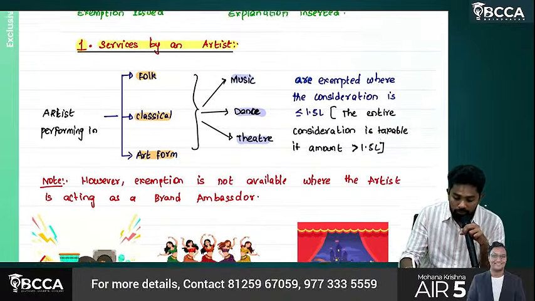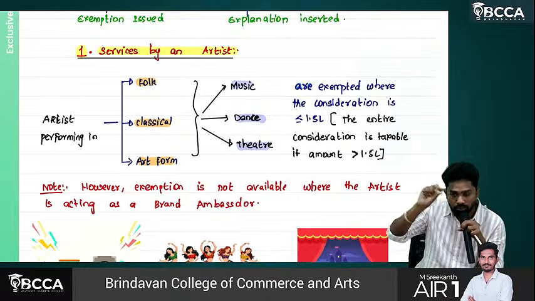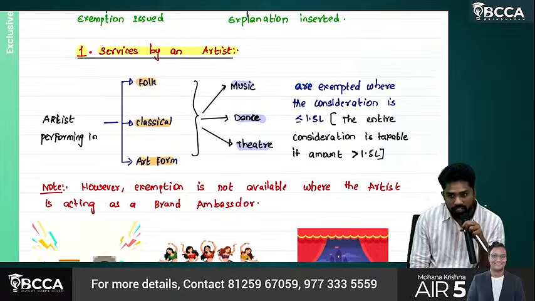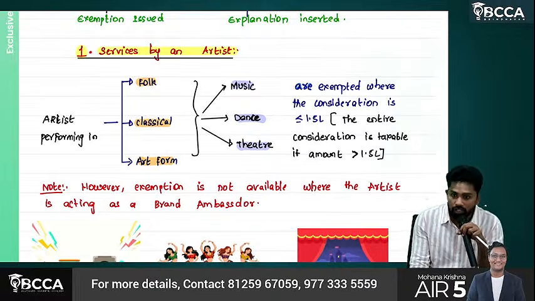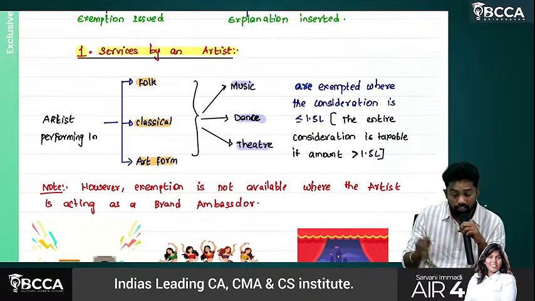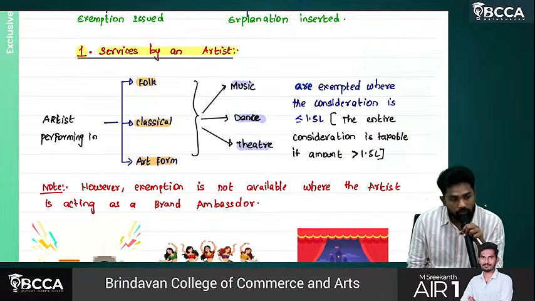In the question, how will they give, sir? They'll give like so and so person is an artist performing folk dance, and the consideration received is 1 lakh, fully exempted. 2 lakhs, fully taxable. The same person, sir, if he performs western dances, then fully taxable.